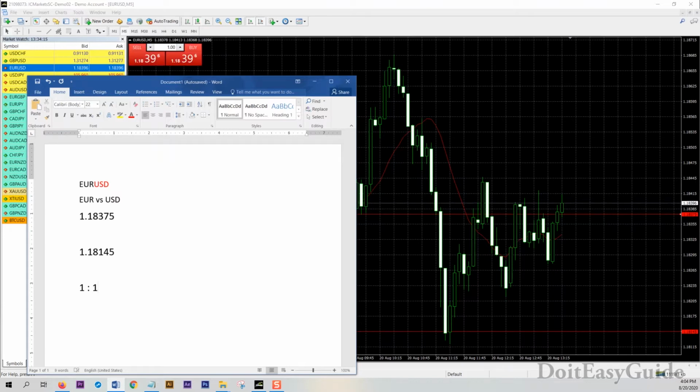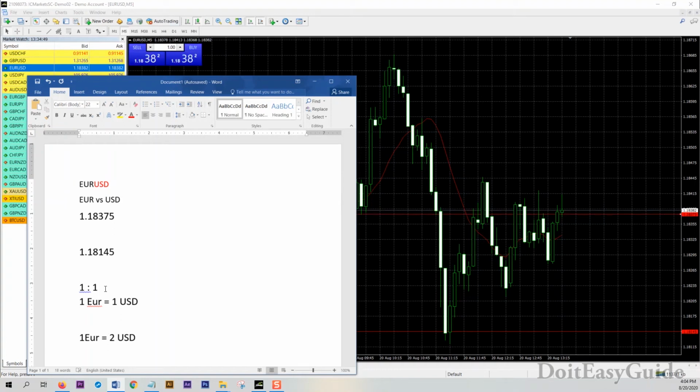Now let's suppose that means 1 euro equals 1 USD, right? So let's assume the second case, 1 euro would be equal to 2 USD, right?